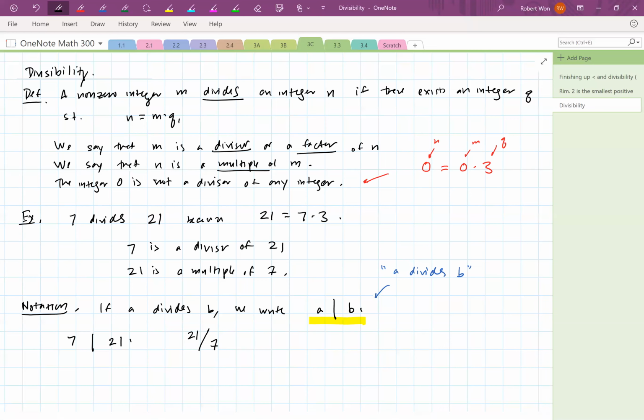Here, the bar you're using notates an operation that you're doing to the two numbers, and this is just equal to the number 3. So even though you're using a bar here and a bar here, the first bar is a statement about the relationship between 7 and 21. The second bar is an operation that you're doing on those two numbers.